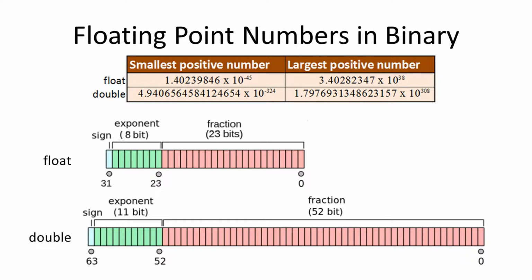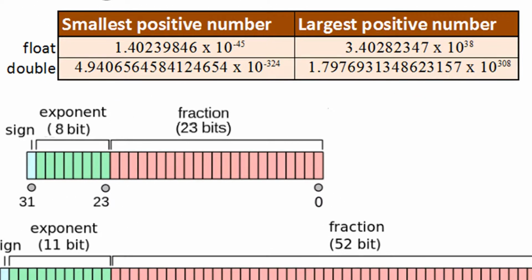The float data type stores a floating point number using 32 bits, and the double data type uses 64 bits to store a floating point number. When looking at the differences between the range and precision for the two different formats, it is easy to see why the double data type is used most often with modern computers.